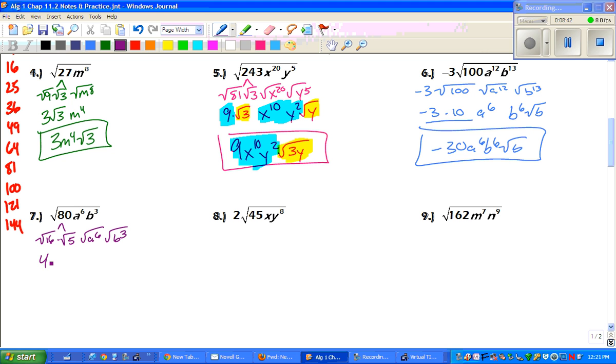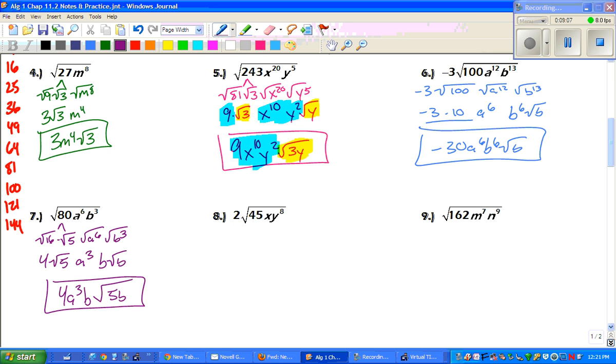The square root of 16 is 4. Root 5, a to the 6th breaks down to a to the 3rd. And the square root of b to the 3rd is b root b. Okay, outside with outside, inside with inside.